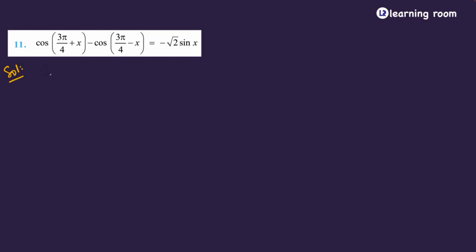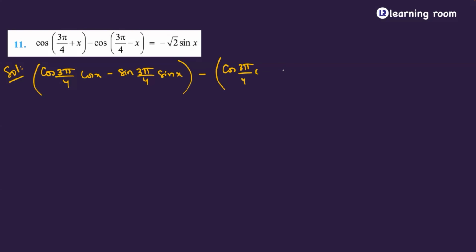cos A plus B is going to be cos A cos B minus sin A sin B, minus cos of A minus B, which is going to be equal to cos 3 pi by 4 cos x plus sin 3 pi by 4 sin x, right?